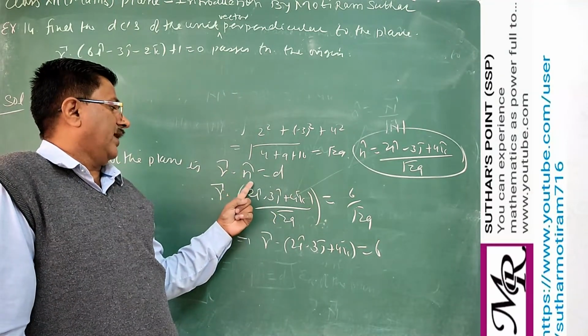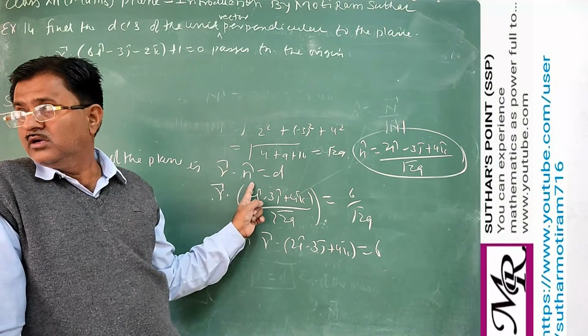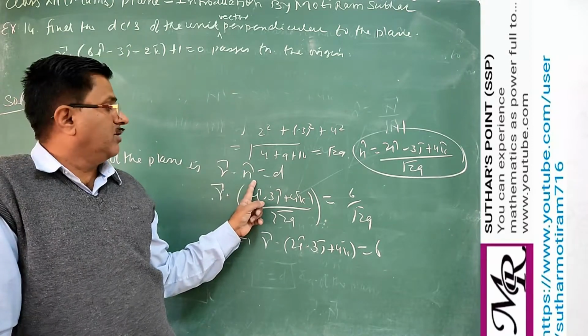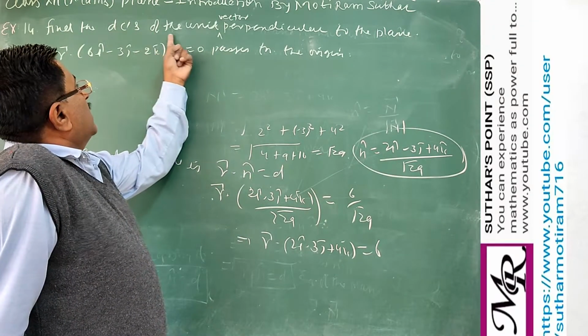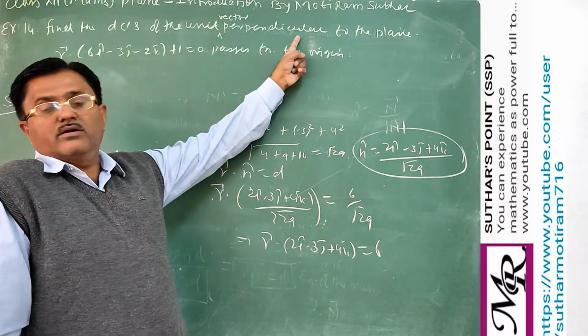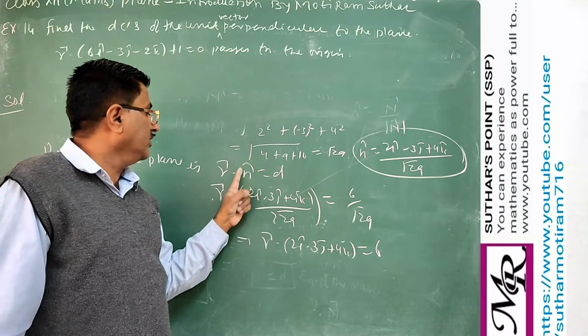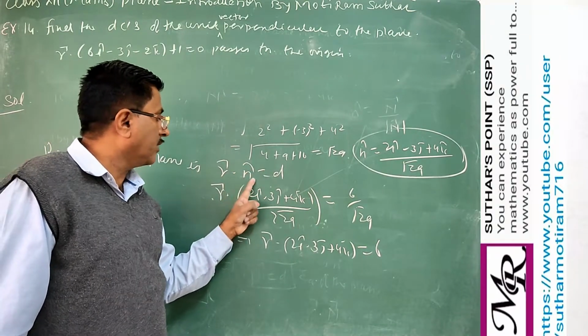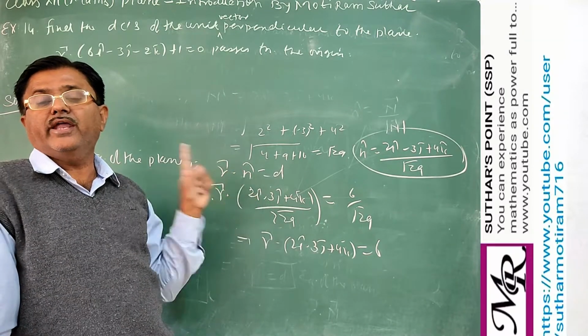We are saying n cap is a unit normal vector. So you have to find the direction cosine of the unit vector perpendicular to the plane. It means first of all you have to find the n cap.